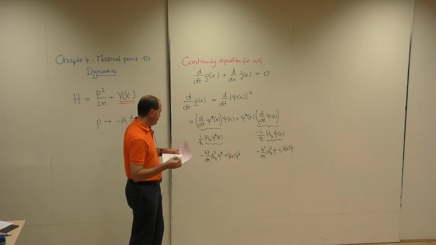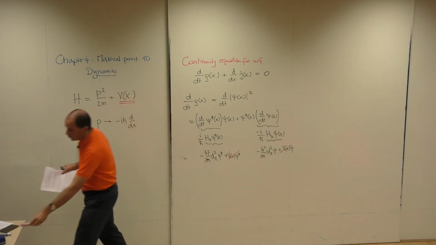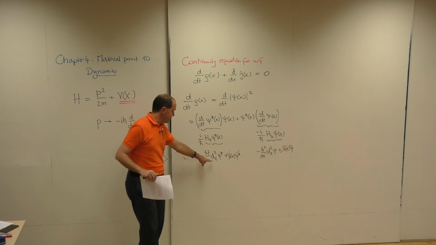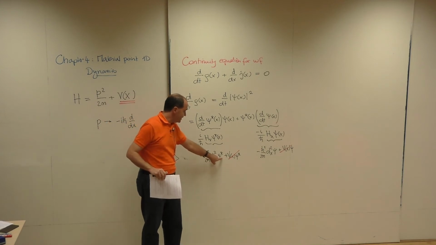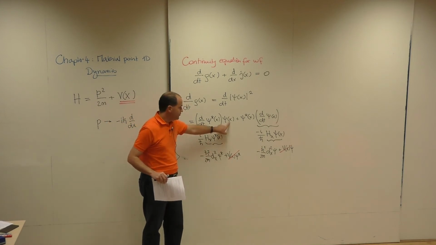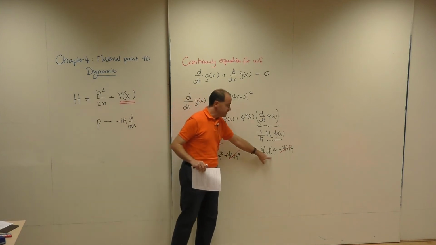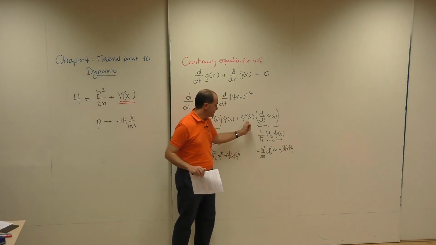And we are left with something that does not cancel. Why does it not cancel? Because here we are taking the derivative of psi star and then multiplying by psi, and here we're taking the derivative of psi and then multiplying by psi star.